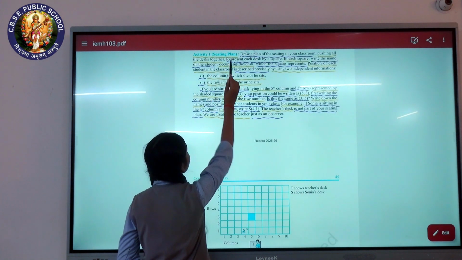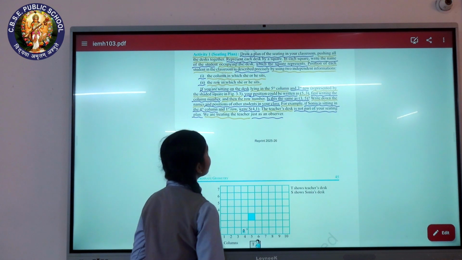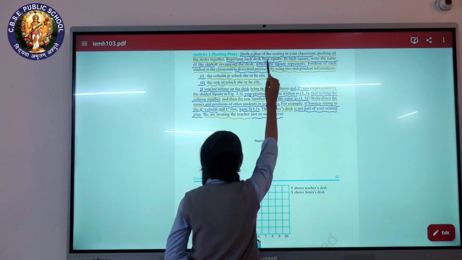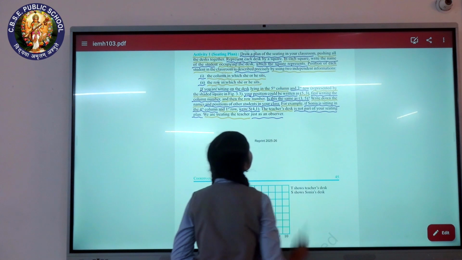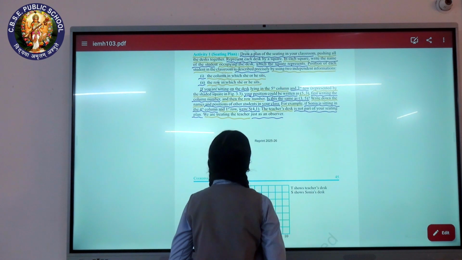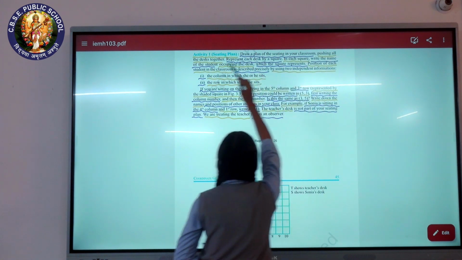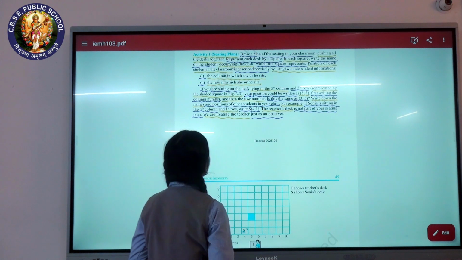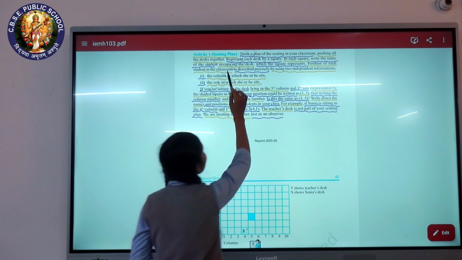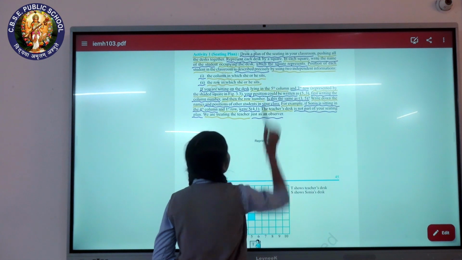Activity 1, seating plan. Draw a plan of the seating in your classroom, pushing all the desks together. Represent each desk by a square.